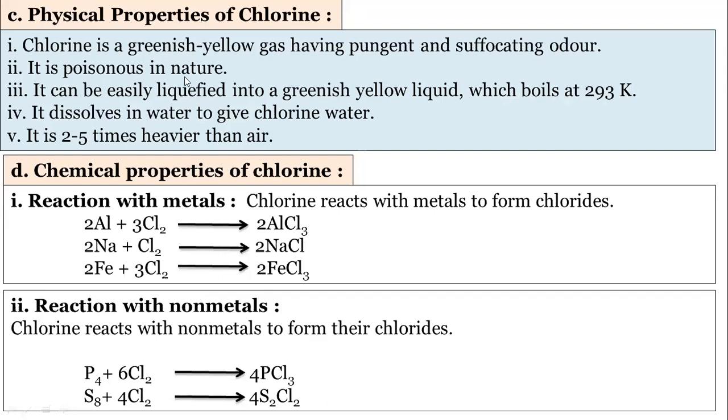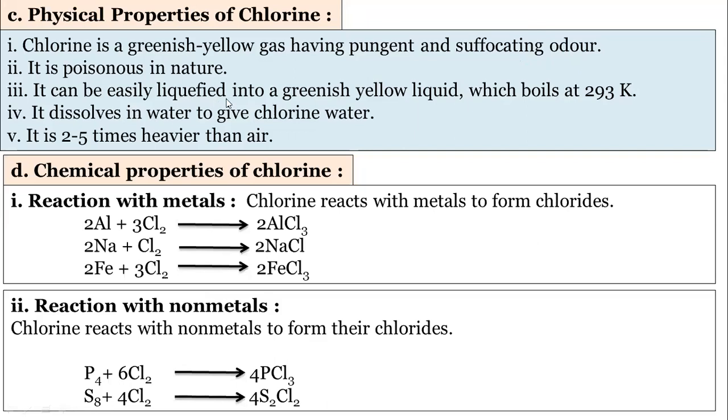Now the physical properties of chlorine: how does chlorine gas look? Externally, it is a greenish yellow colored gas having a pungent and suffocating odor. The odor is very dangerous, so chlorine is a poisonous gas, remember.